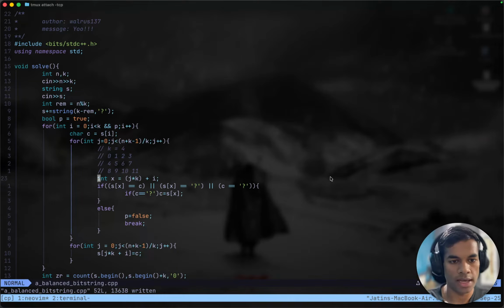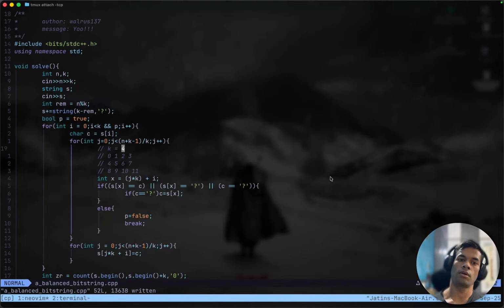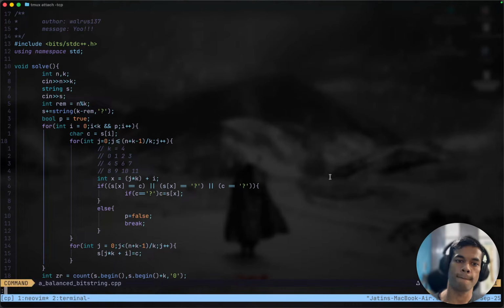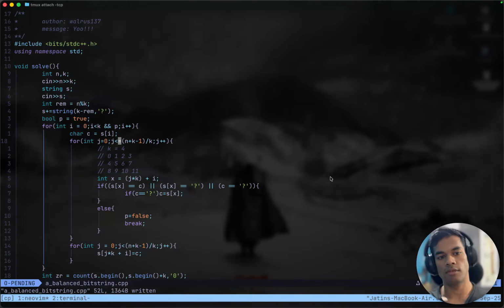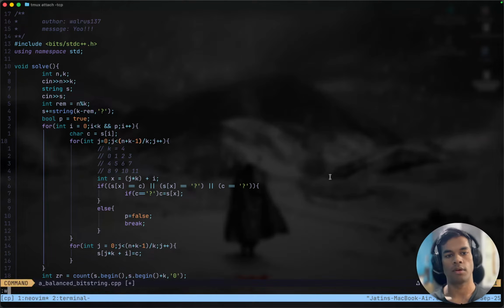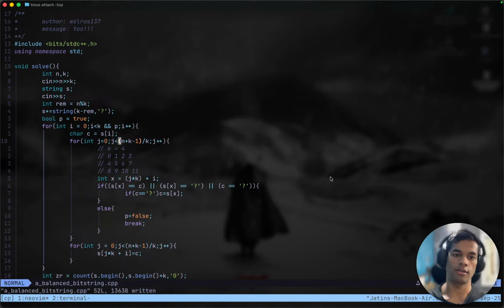So when j equals 0, j has to go to, yes, j is the index, 0 index for the substrings.